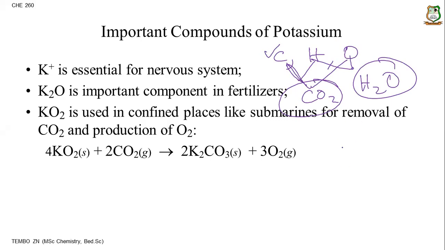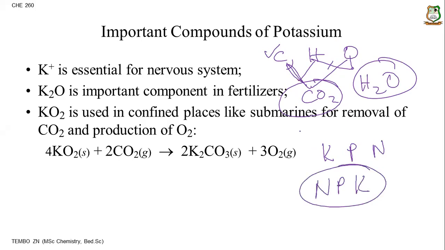However, they need the essential mineral elements, potassium, phosphorus, and nitrogen. Sometimes these are known as the NPK nutrients. One of these mineral elements that are essential to the plant is potassium.